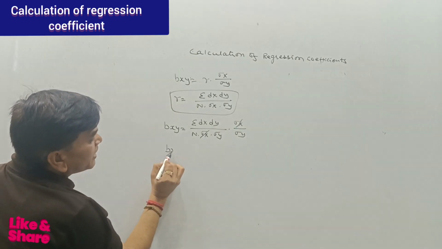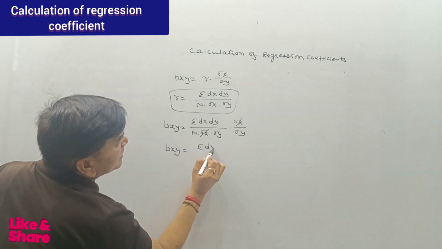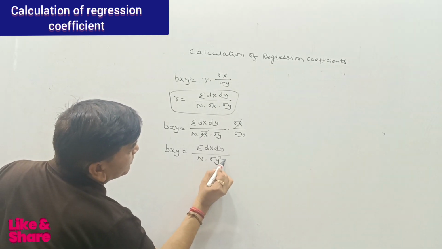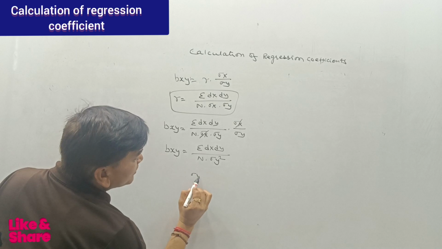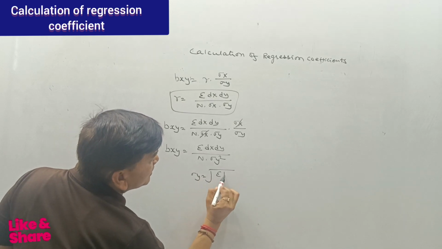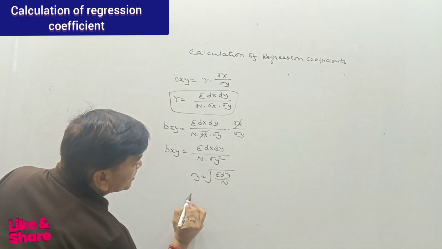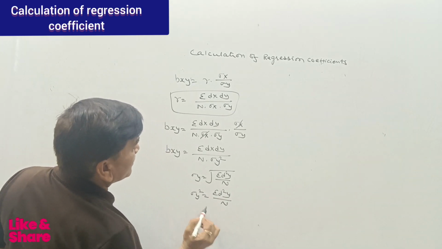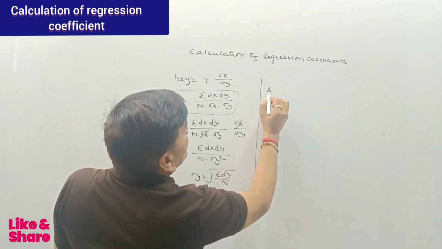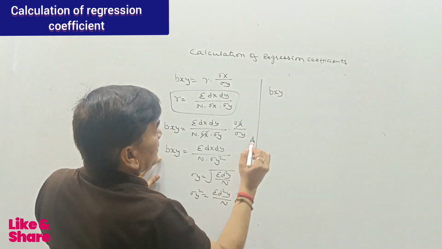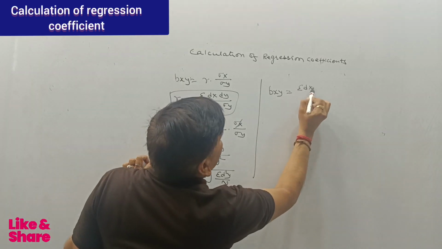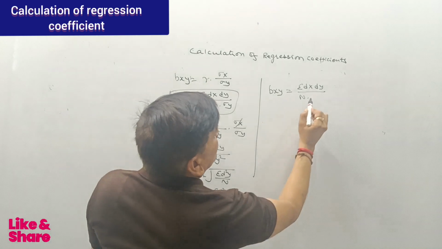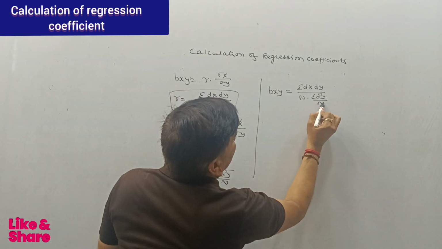So bxy is equal to sigma dx dy upon n multiplied by standard deviation y raised to power 2. And as we know, standard deviation y square is sigma d square y upon n. So putting the value in this, bxy is equal to sigma dx dy upon n multiplied by sigma d square y upon n, n cancels.